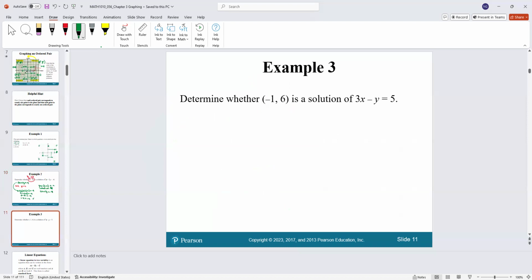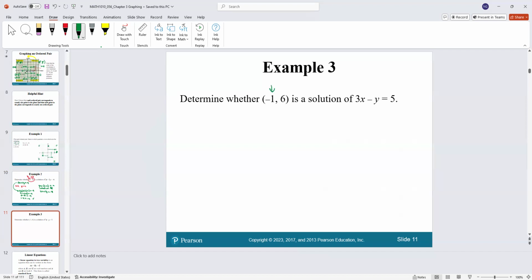Now, determine whether (-1, 6) is a solution. Remember, the same equation may have a multitude of solutions. It doesn't mean it's going to have only a unique solution. It can have more than one solution or no solutions. Now, look at this one.